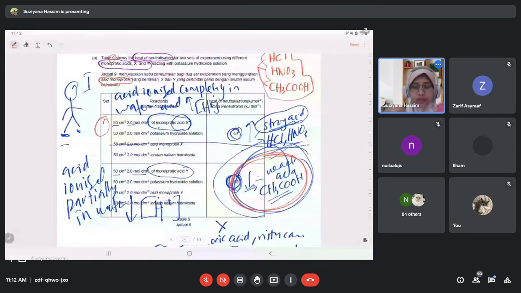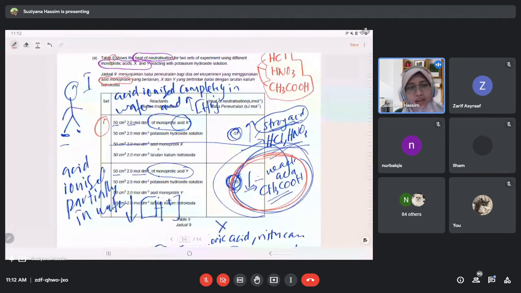Let's repeat. Ethanoic acid absorbs some of the heat from the surrounding to complete the ionization. Okay. Alright. Is it clear? Why is the value different?